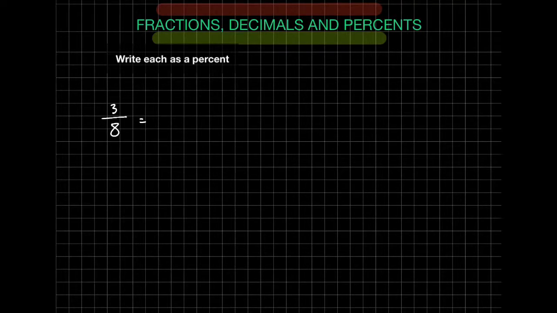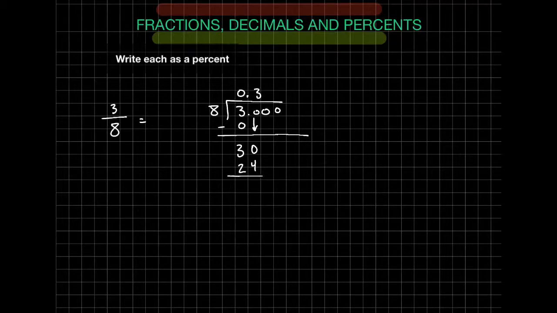Okay, last problem, 3/8. So we're going to say that that is 3 divided by 8. 8 goes into 3 0 times. 0 times 8 is 0. Okay, 3 minus 0 gives us 3. We're going to bring that 0 down. Okay, don't forget that, we just went over this. When we brought the 0 down, it is on the other side of that decimal, so you've got to place that decimal now. 8 goes into 30 3 times. 3 times 8 equals 24. 30 minus 24 gives us 6.